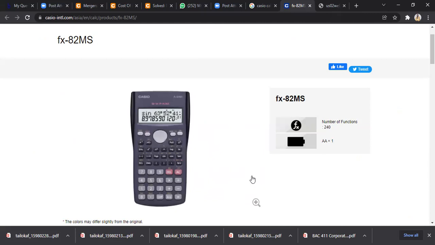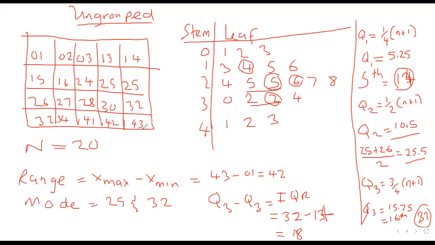You follow the data as it is until you enter the last data value, which is 43. Your N must show you 20.